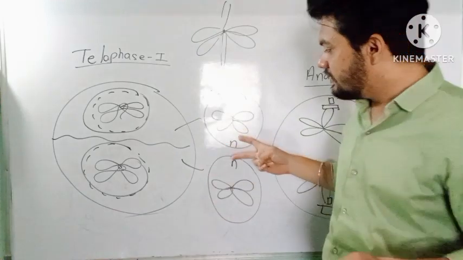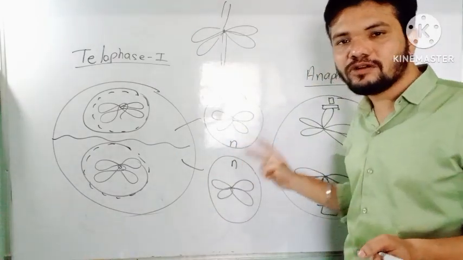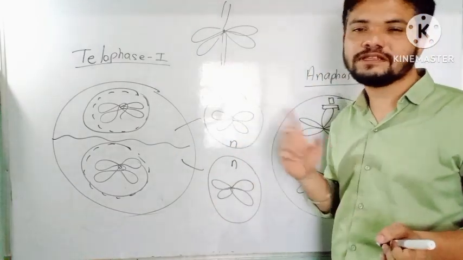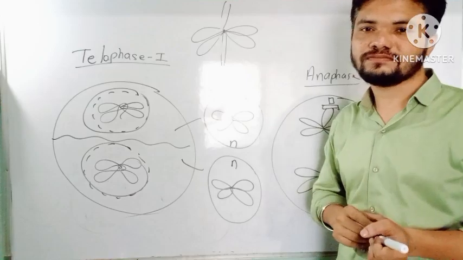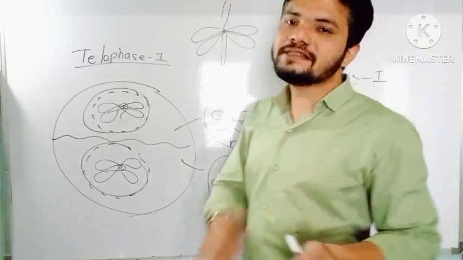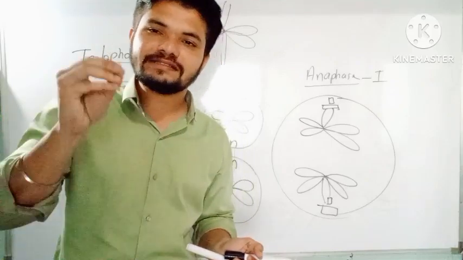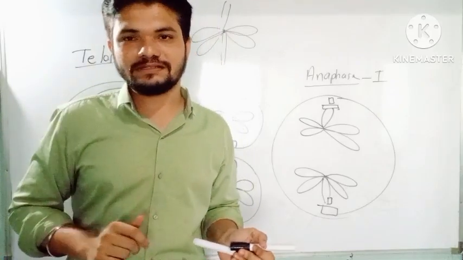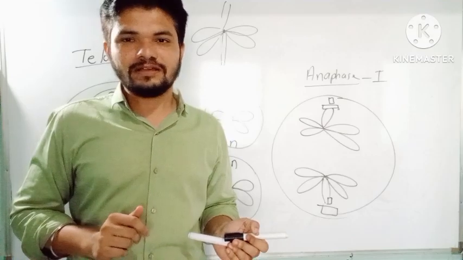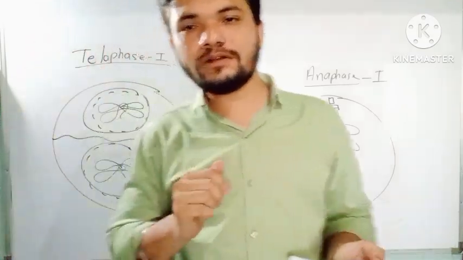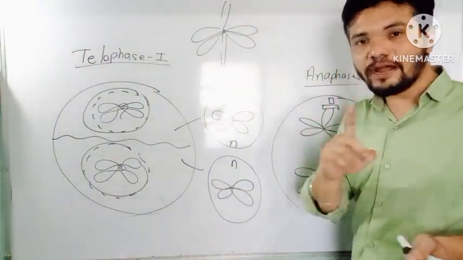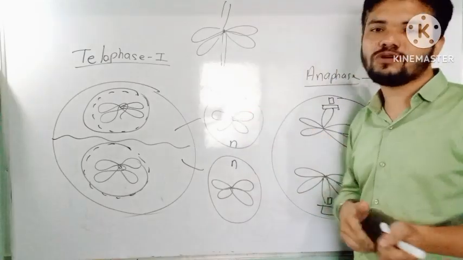Meiosis 2 will take place in both these daughter cells produced in meiosis 1. And this meiosis 2 process is exactly the same as mitosis. So remember what happened in mitosis? In the mitosis process, the sister chromatids were separated.